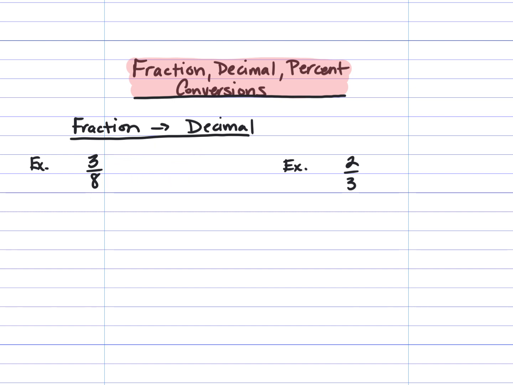You may notice that 8 does not go into 3. Now you can use your calculator, and we'll do that in just a minute. But for this first one, I wanted to show you how to divide a fraction and create a decimal.